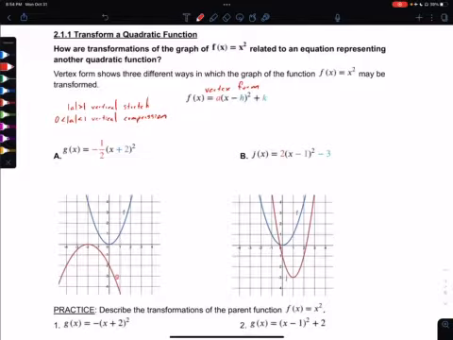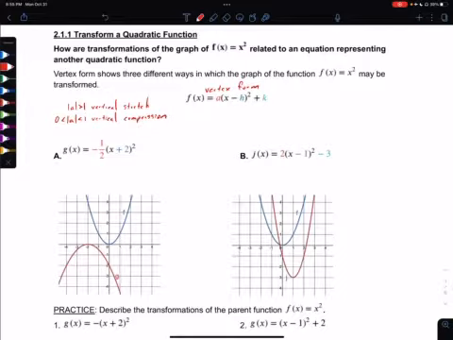So it'll depend on the actual value. You want to be careful. Sometimes we assume that a fraction is automatically between 0 and 1. That's not always the case, but you do want to look at whether it is greater than 1 or between 0 and 1 to determine whether it's a stretch or a compression.